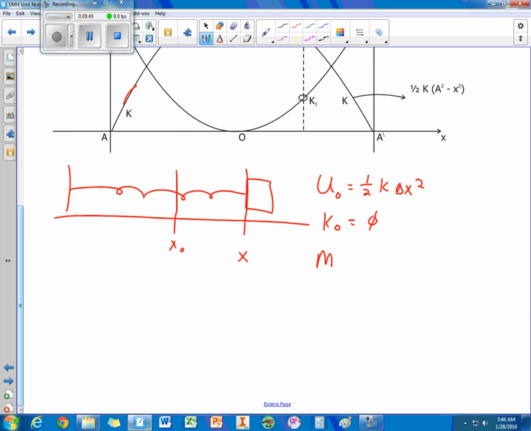So its mechanical energy is just 1/2 k delta x squared. And that stays the same no matter where we look, and we can do some conservation of energy type problems on this.